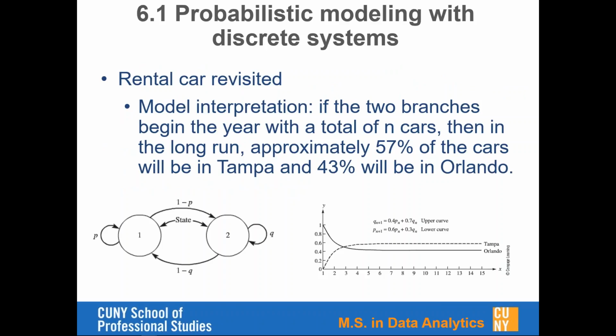Earlier there was an example regarding the rental car. Suppose someone gets a car from Tampa, Florida, and then returns the car in Orlando, Florida. If we define the first location as state 1 and the second location as state 2, at a certain time there are multiple states the system can be in.